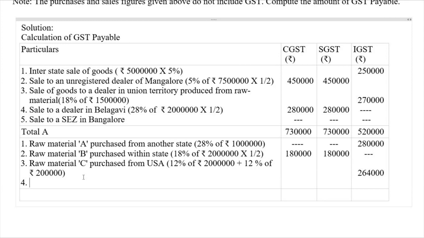Then number 4 here, one more purchase is there. Raw material D purchased within the state from a composite dealer, which is not eligible for input tax credit here.